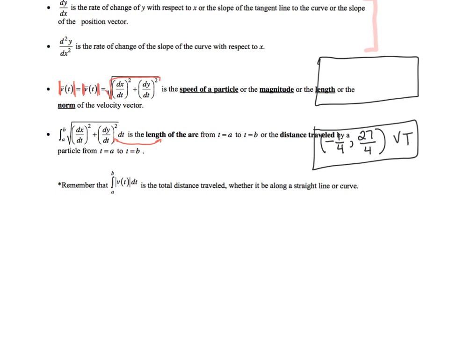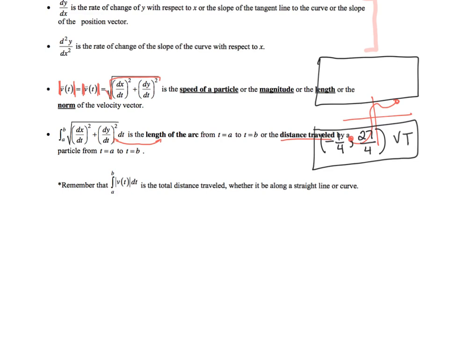And remember, the arc length formula is also going to be the total distance traveled by a particle. If you have some curve that looks like this, and you find the length of that curve, that is going to be the total distance traveled by that particle. We're in a little bit of a different world from rectangular coordinates.